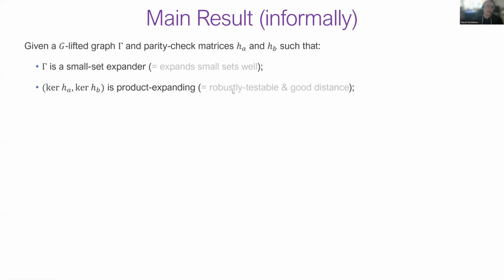Let me summarize our main results. Given a G-lifted graph and the parity check matrices H_A and H_B, if our graph is a small set expander, and if our pair of codes is product expanding, then the obtained three-term chain complex has the property that this threshold value grows at least with the group size.